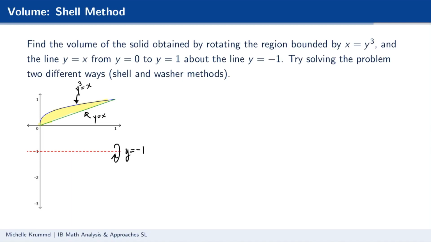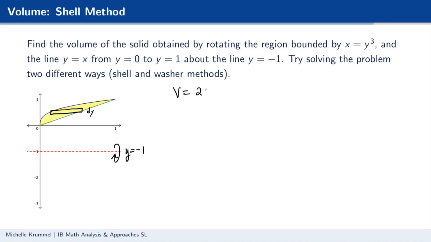All right, so starting out, if we do use the shell method, I'm going to draw my rectangle parallel to my axis of rotation. And because it's a horizontal rectangle, I know I have a dy problem.